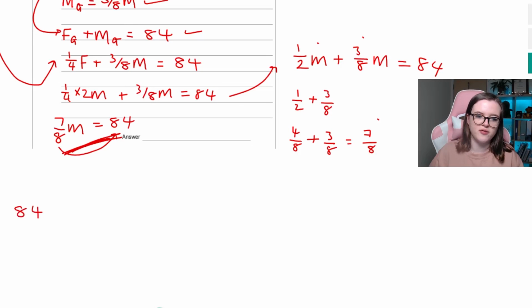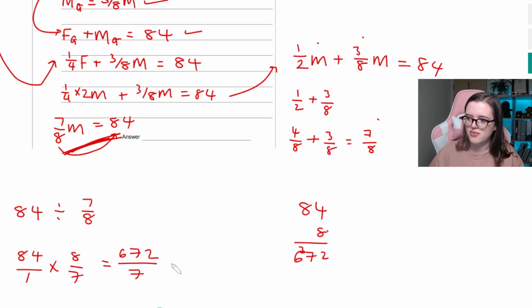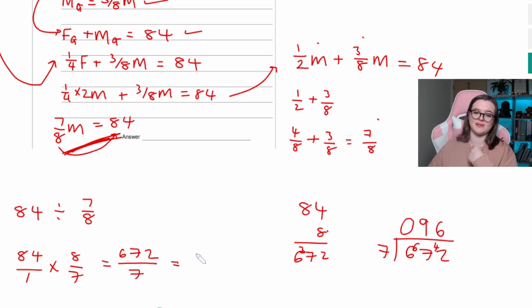So I'm going to do 84 divided by 7/8, which is keep, flip, change: 84/1 times 8/7, which is 84 times 8. 8 times 4 is 32, 8 times 8 is 64, so that's 672, over 7. And then let's divide those. So it's going to be 96 men or males.